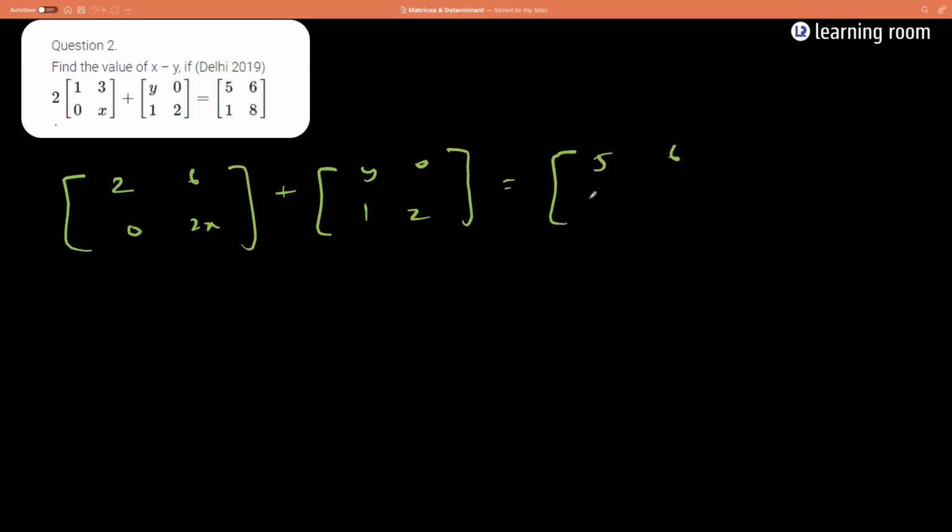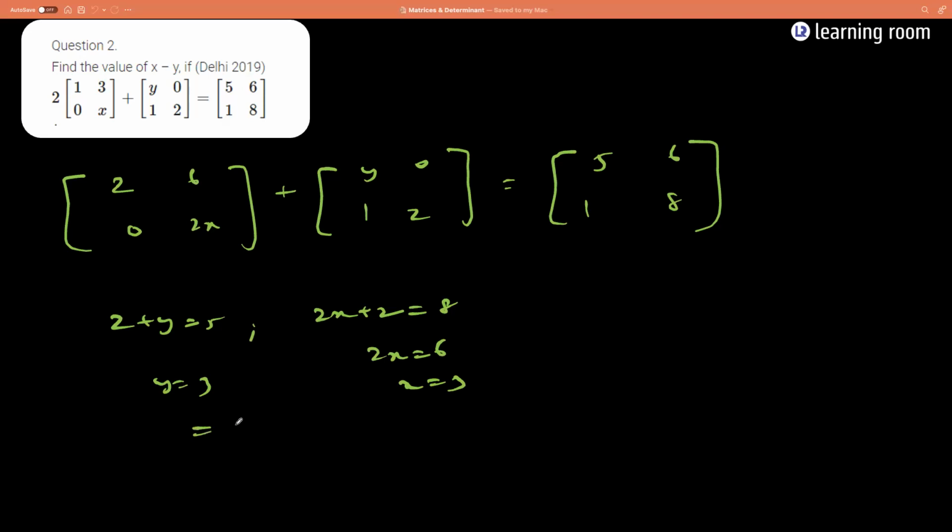It will get multiplied with each element. Sir, his answer is 0. So 2x is equal to 6, so x is 3, y is also 3. Yeah, x minus y should be 0. That's what even I'm getting. Yes, it is.